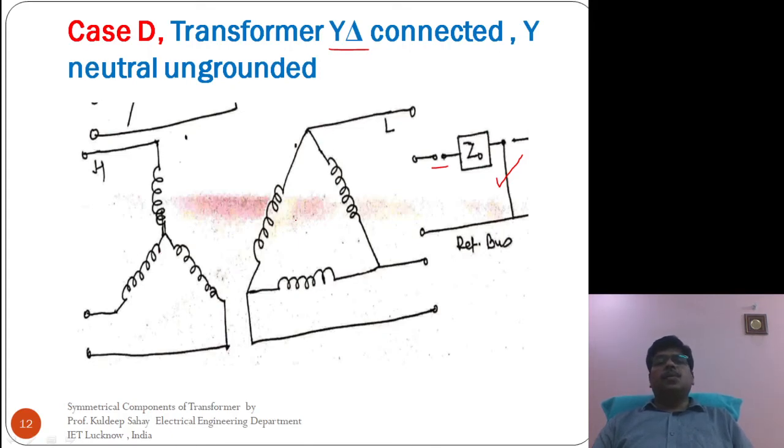Again, there is no star on the secondary side, so this switch B will also be open, while the primary ST side has no delta, so this side will remain open. So this is the equivalent network of zero sequence impedance for a star delta transformer. Star is ungrounded.